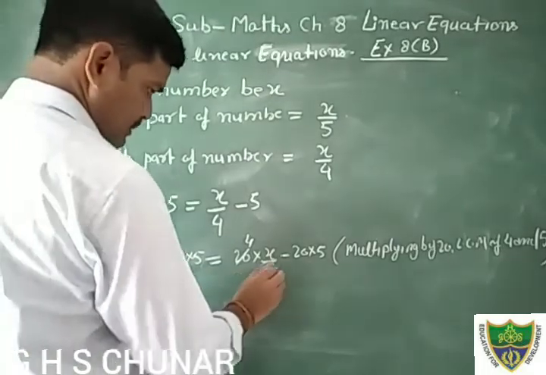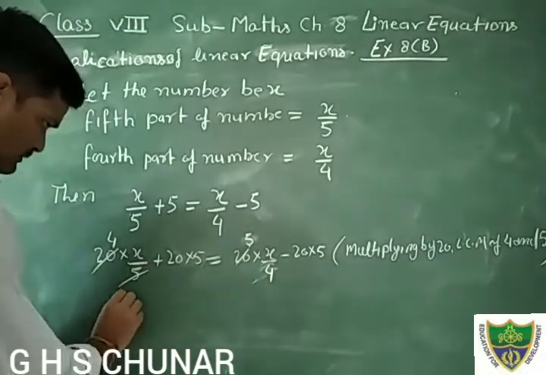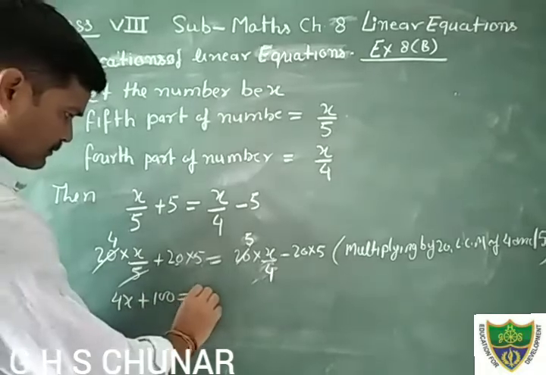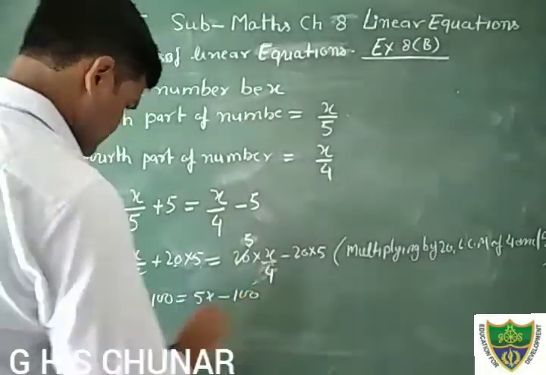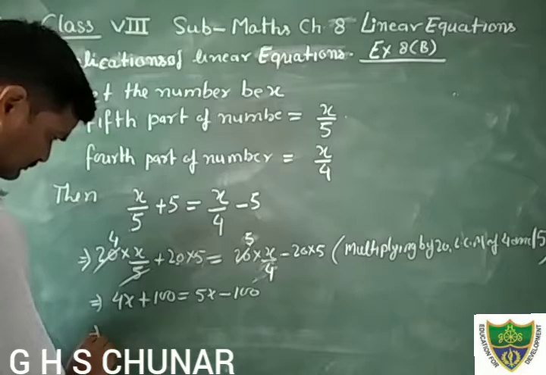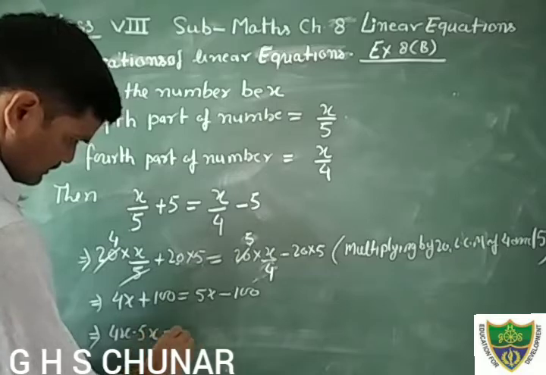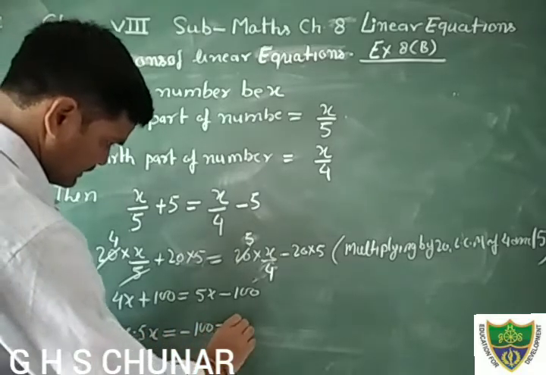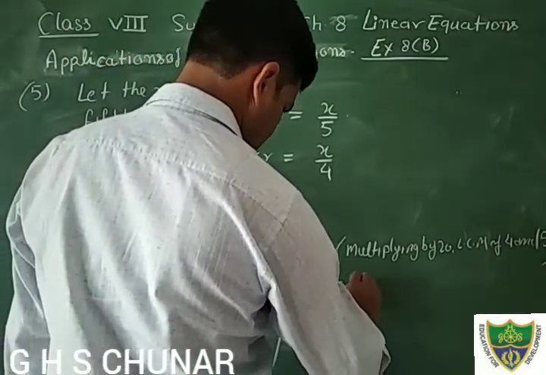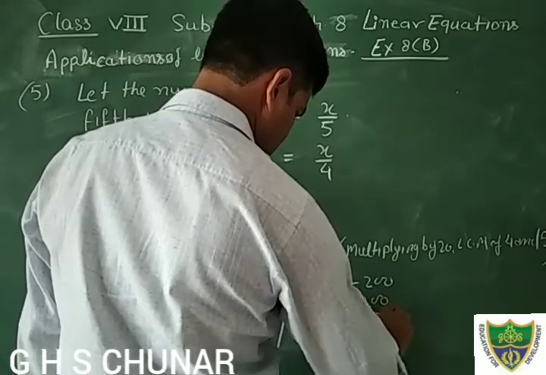Now 4x plus 100 is equal to 5x minus 100. 4x minus 5x is equal to minus 200, that is minus x is equal to minus 200, then x is equal to 200.